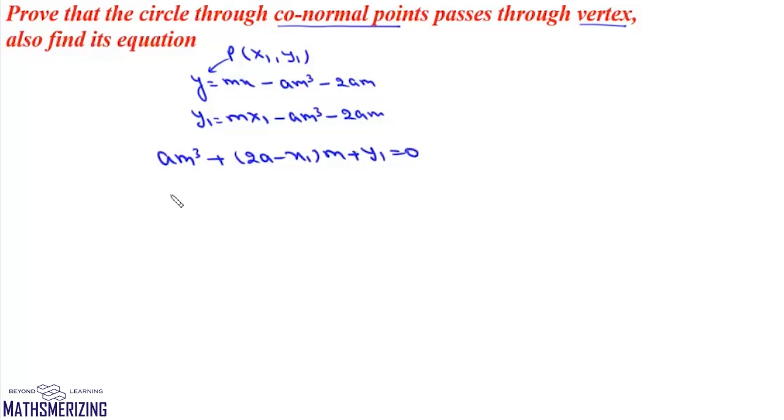Since 3 normals can be drawn, this equation will have 3 roots, m1, m2 and m3, and we also know that m1 plus m2 plus m3 is equal to 0.